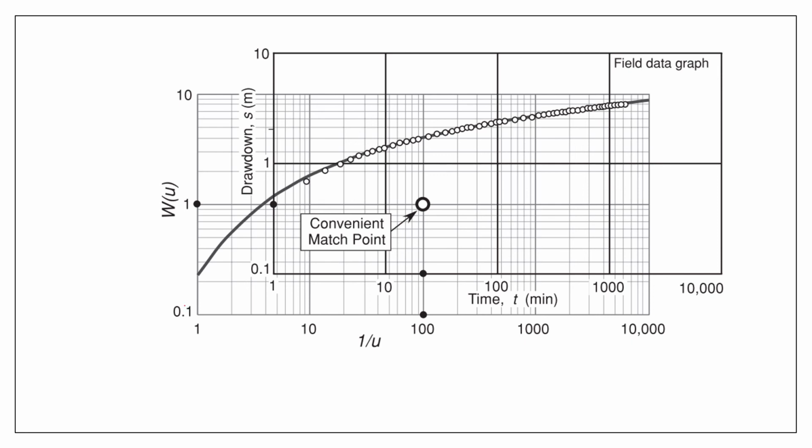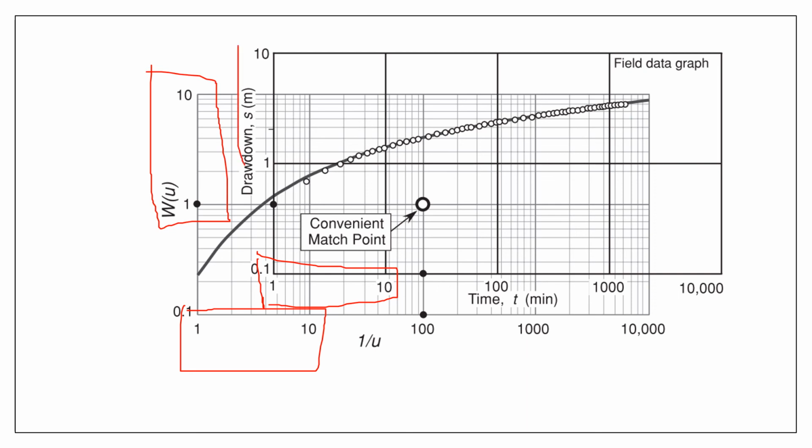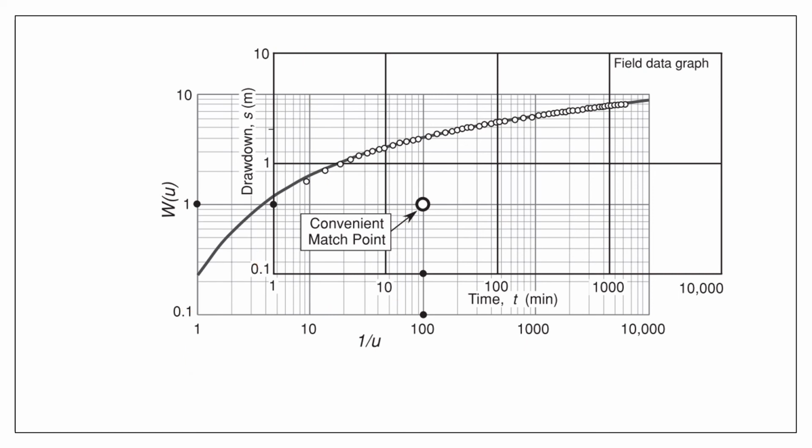Okay, so note that they have the same scale here. So 1 to 10 in the Thiess type curve has the same size as in the data plot. So 1 to 10, 1 to 10, they have the same sizes, same scale.